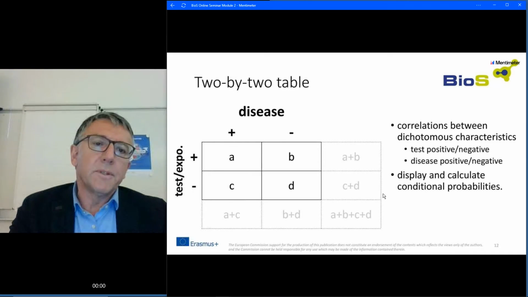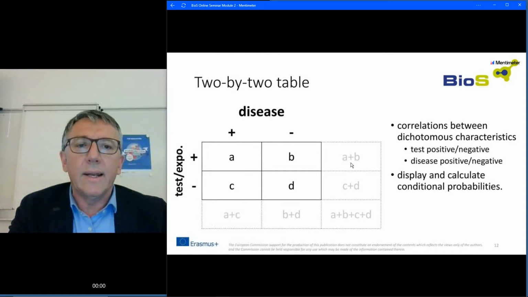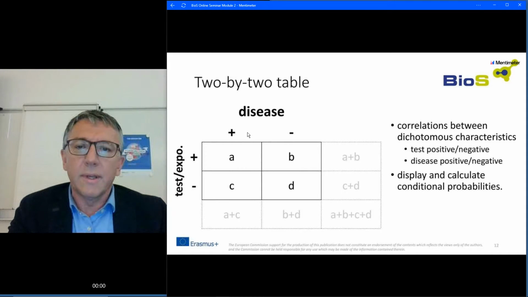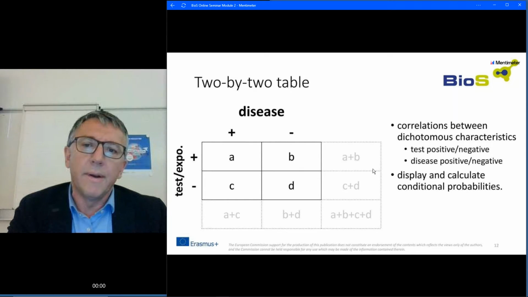So often it comes in very handy to make this 2-by-2 table a bit larger and add up the numbers of the rows and add up the numbers of the columns. So this would give you the total number of people you analyzed, A plus B plus C plus D. This would give you the total number of people that have been tested positive.